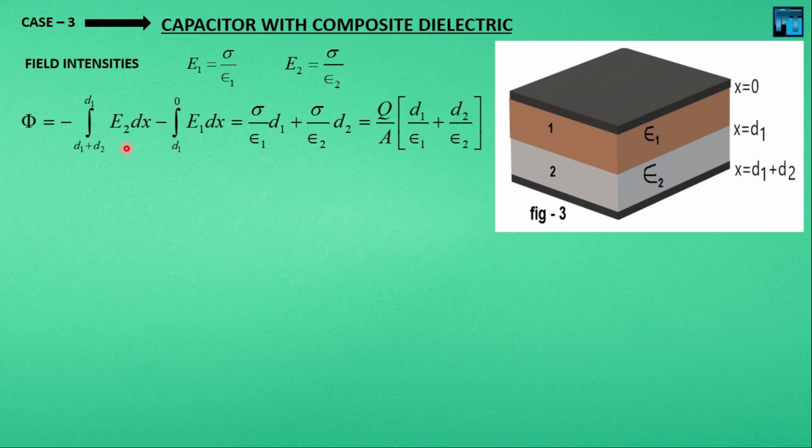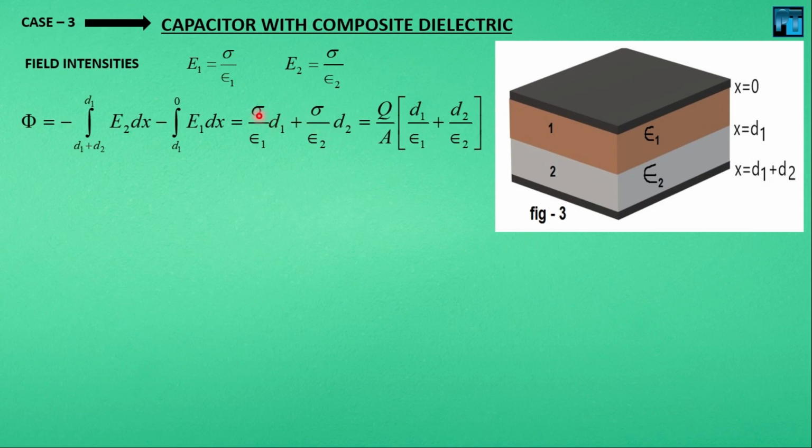So there are two different integrations. Putting the values of E1 and E2 from above, we can easily evaluate the equations, and rearranging them we get sigma by epsilon 1 d1 plus sigma by epsilon 2 d2.